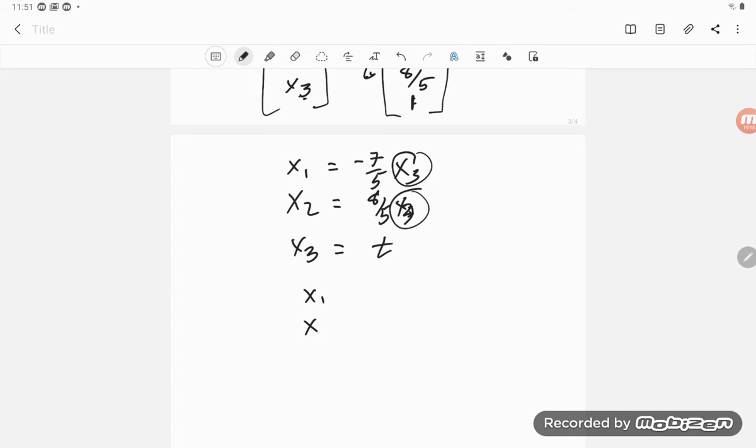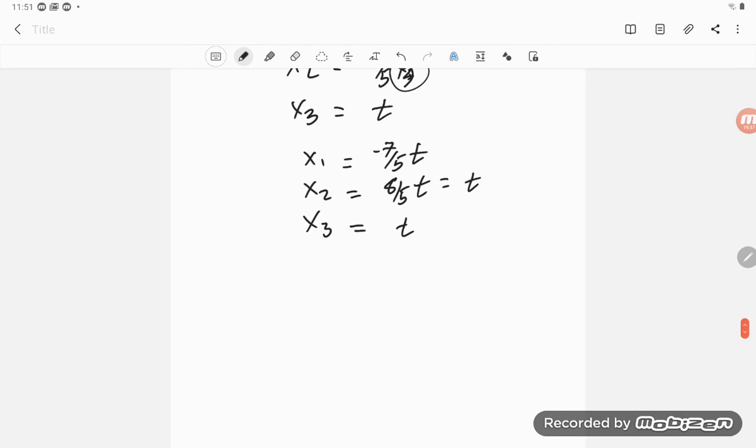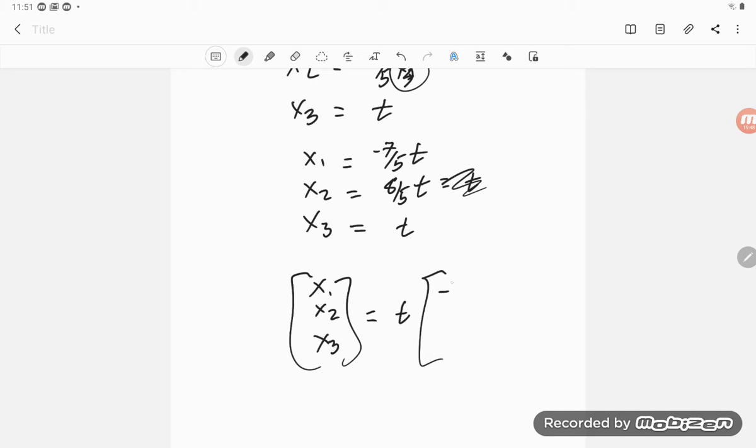So x1 equals minus 7/5 t. x2 equals 8/5 t. And x3 equals t. But now write that as t times a vector. So x1, x2, x3 as a vector then equals t times negative 7/5, 8/5, and 1.